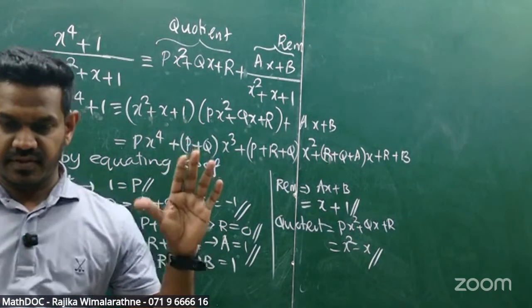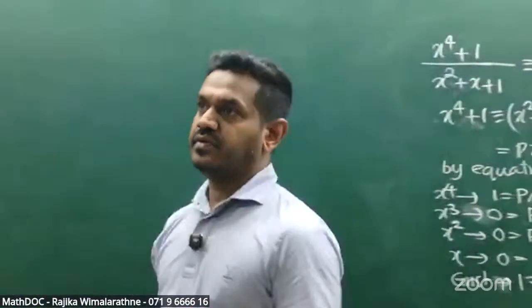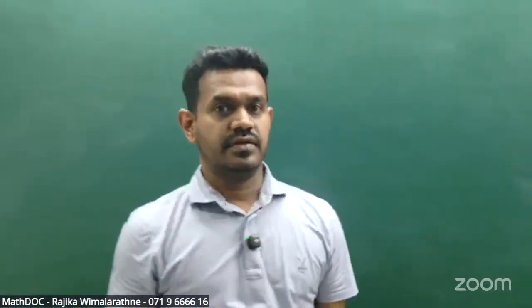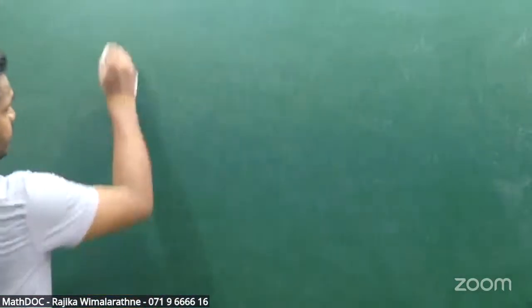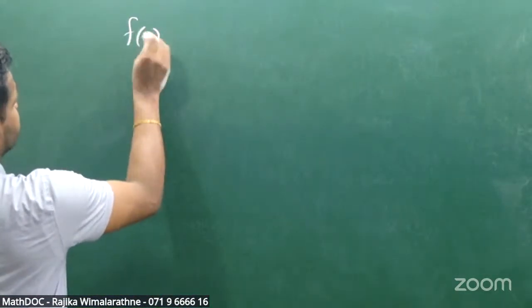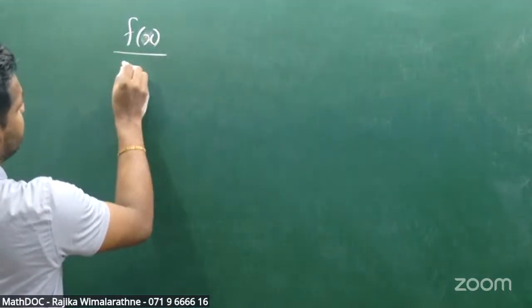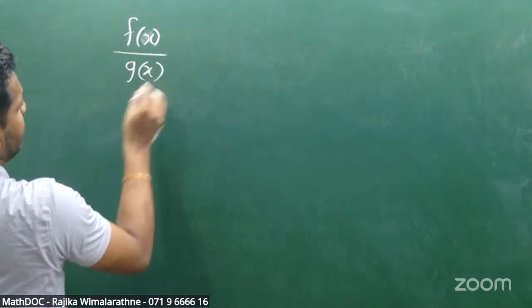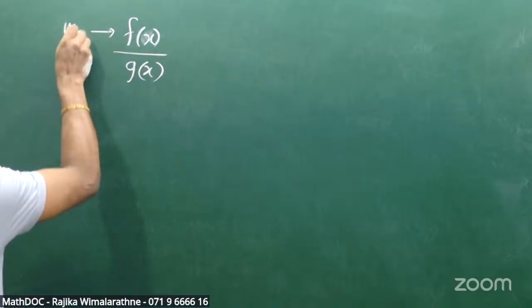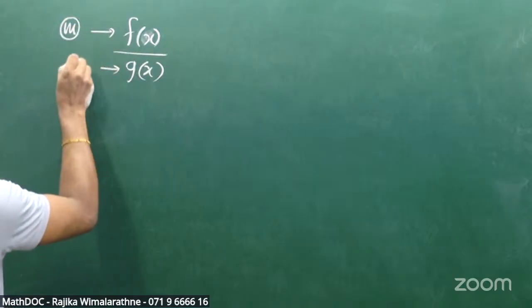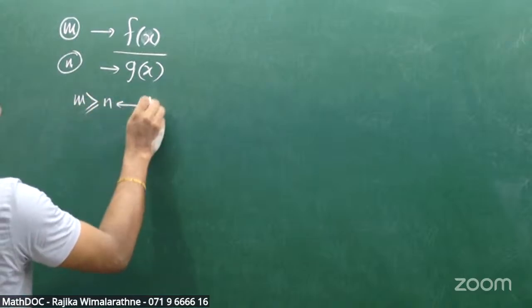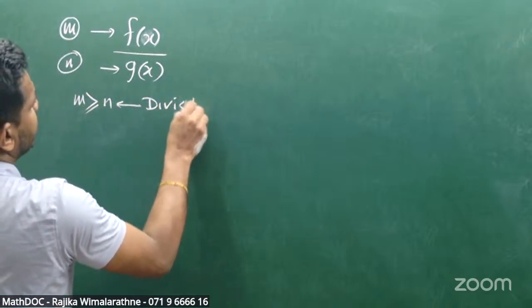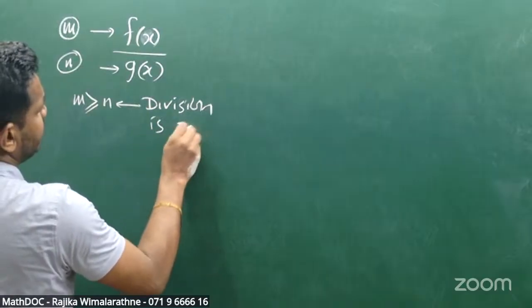Okay. Now, see, when we have a function f(x), we are going to divide this one by g(x). Say f has degree m and g has degree n. So for m greater than or equal to n, division is possible.